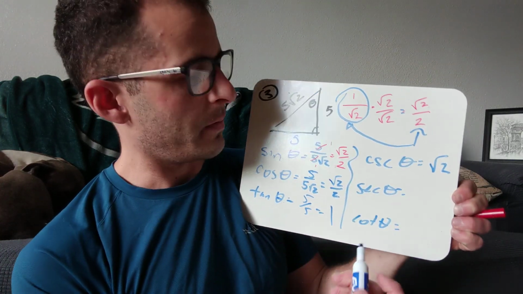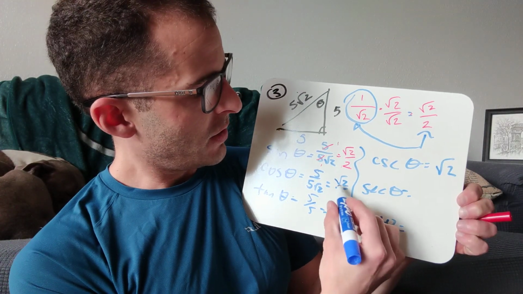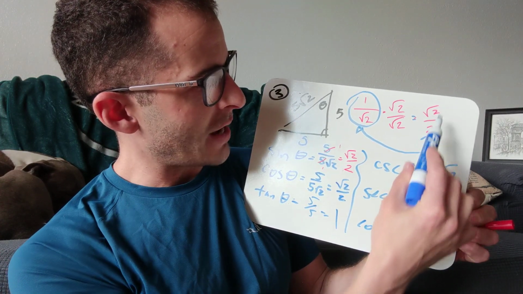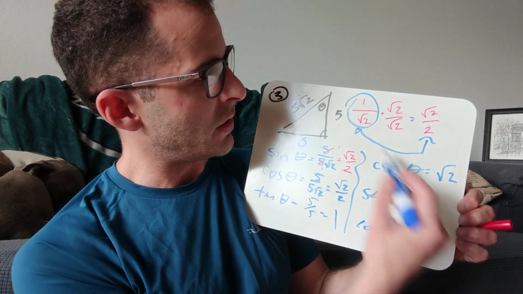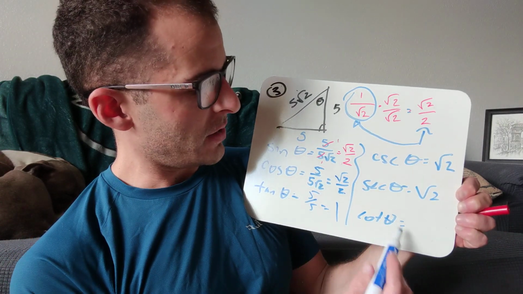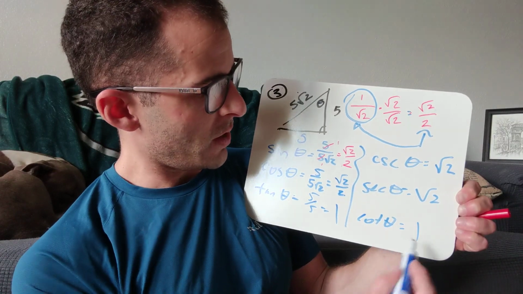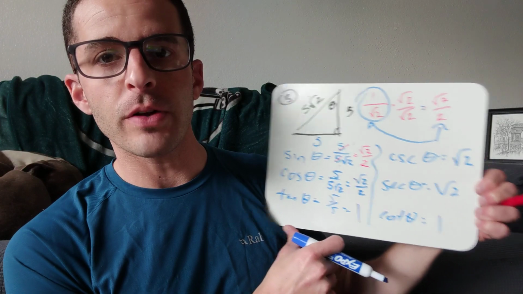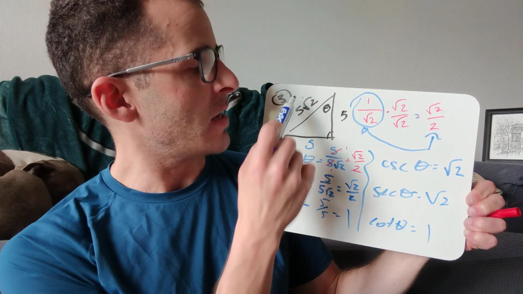Not going to write the over 1. Secant of theta, again, rad 2 over 2 is the cosine. What is the reciprocal of rad 2 over 2? It turns out to be rad 2. And then finally, this is easy. What's the reciprocal of 1? It's 1.